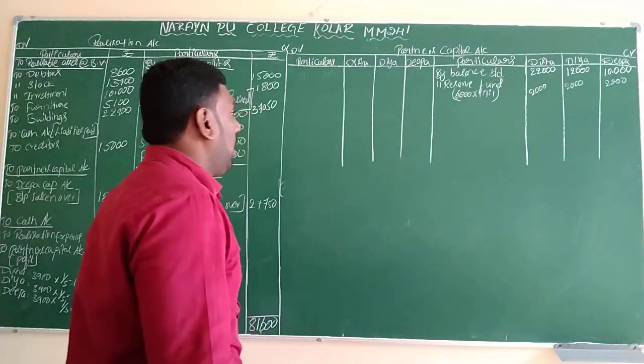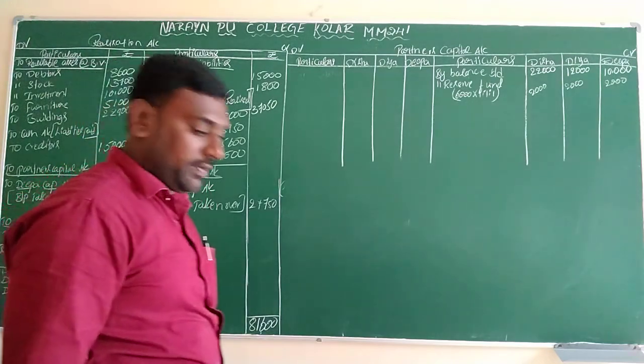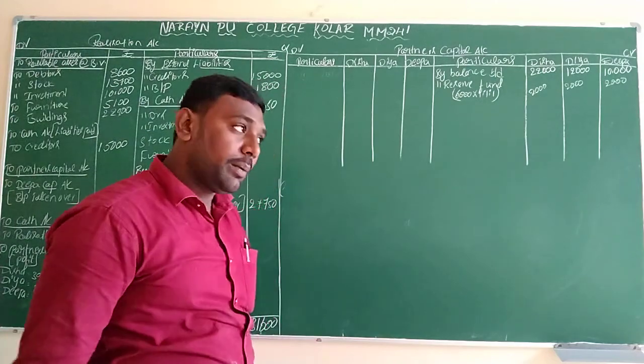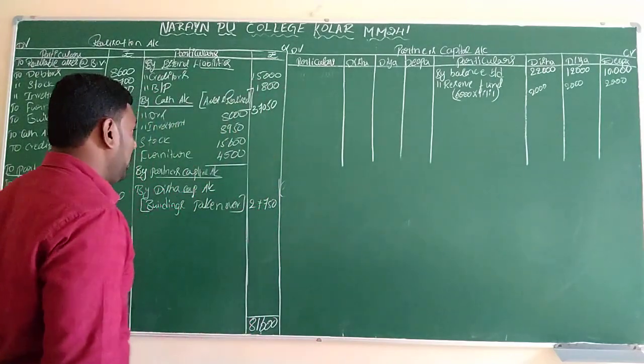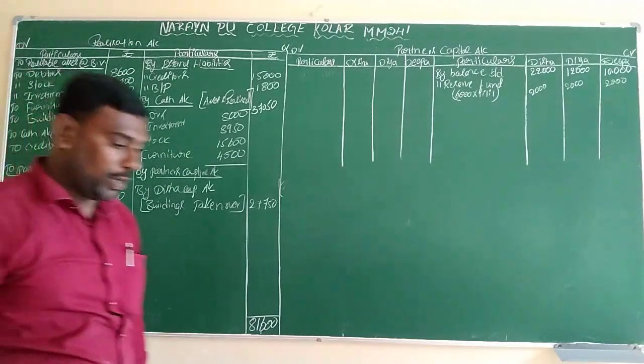So all the transactions we have to record will be completed from the previous balance sheet. Now come to the realization account. In the realization account, we have to transfer only the transactions that belong to the partners' capital account.